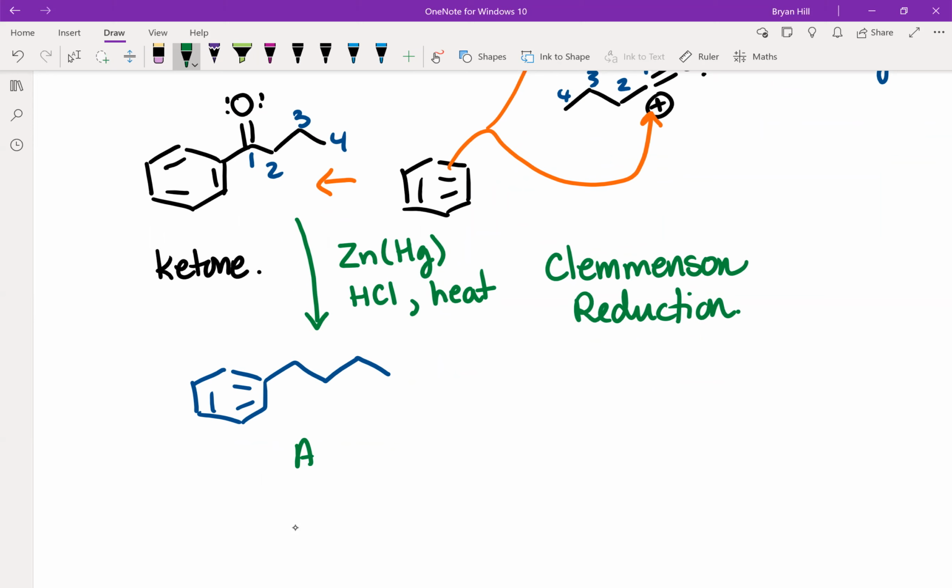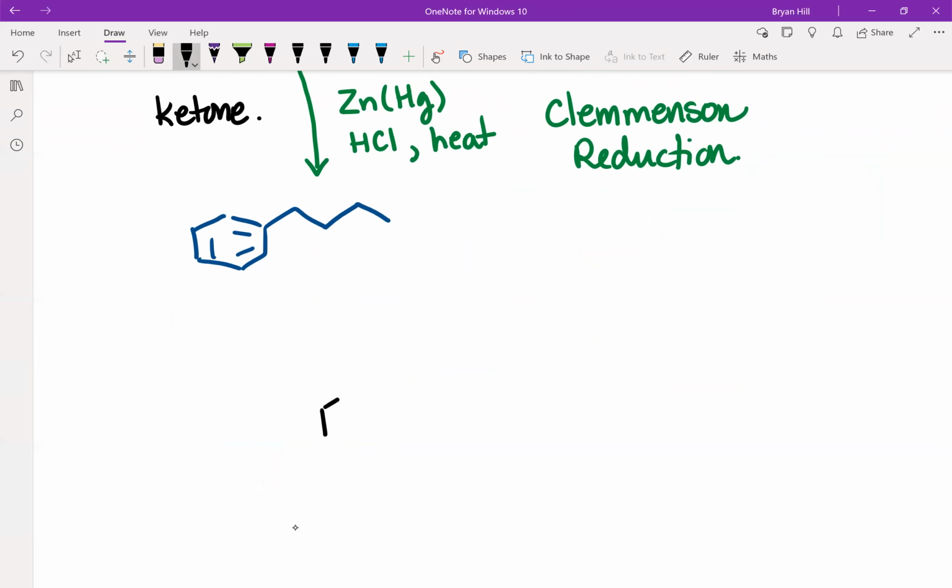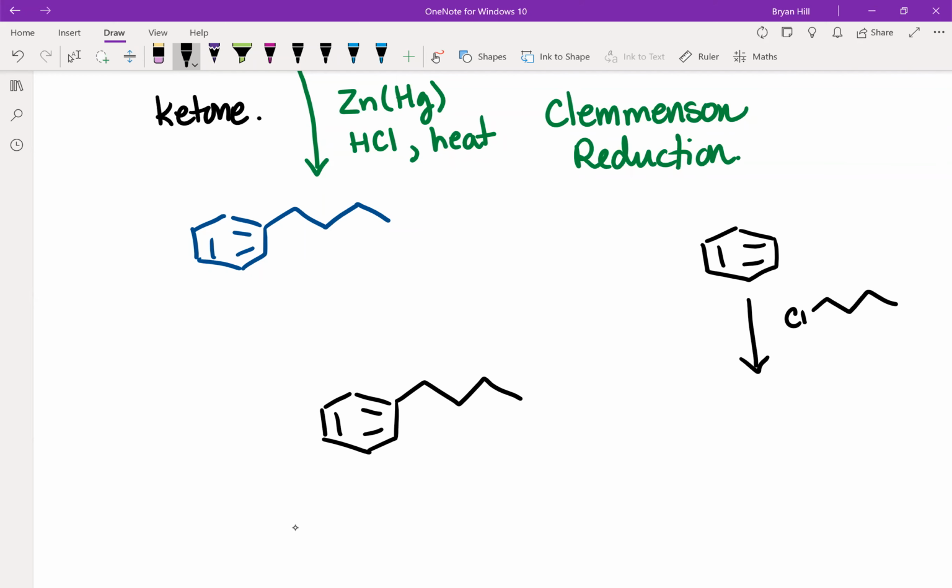So basically, if you wanted to make this compound here, and you tried to use Cl with aluminum trichloride, and you made this instead, sad face.